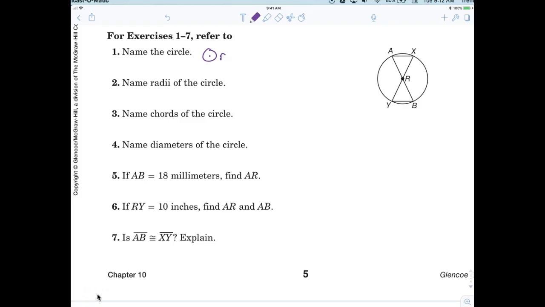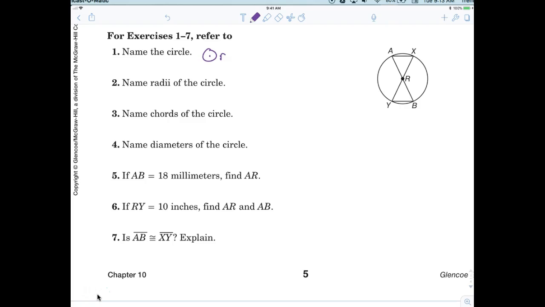We just talked about the diameter, so that's not a big deal. If AB is 18, then AR would obviously be what? 9. If RY is 10, then AR is 10 and AB is 20.